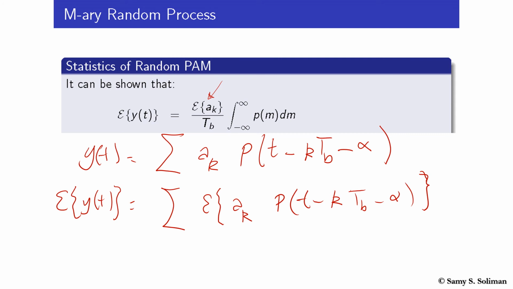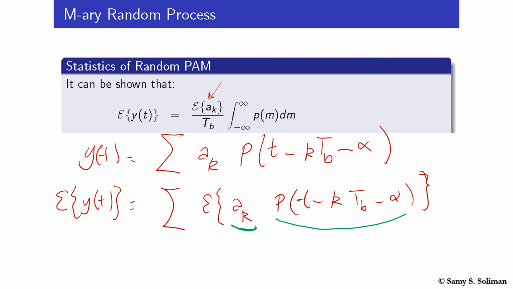And since the amplitudes A_k are independent of the time shift alpha, we can resemble this as the expected value of random variable 1 times random variable 2. Since they are independent, this joint expectation is equal to the product of the individual expectations.